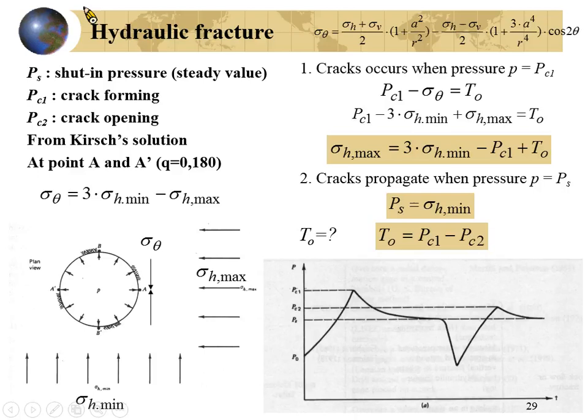How about this condition? No, it will be inverse. For this case, you will have the sigma h minimum around here, and you will have the sigma h maximum in this direction. Why? It will be different, right?